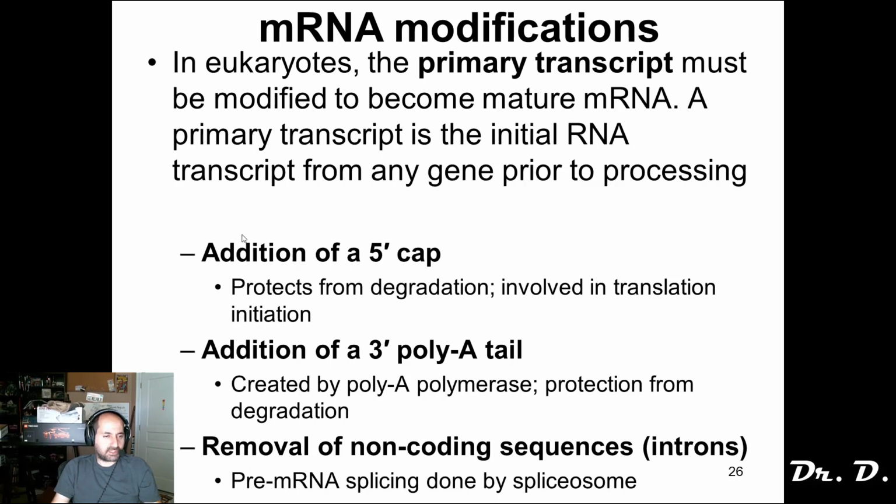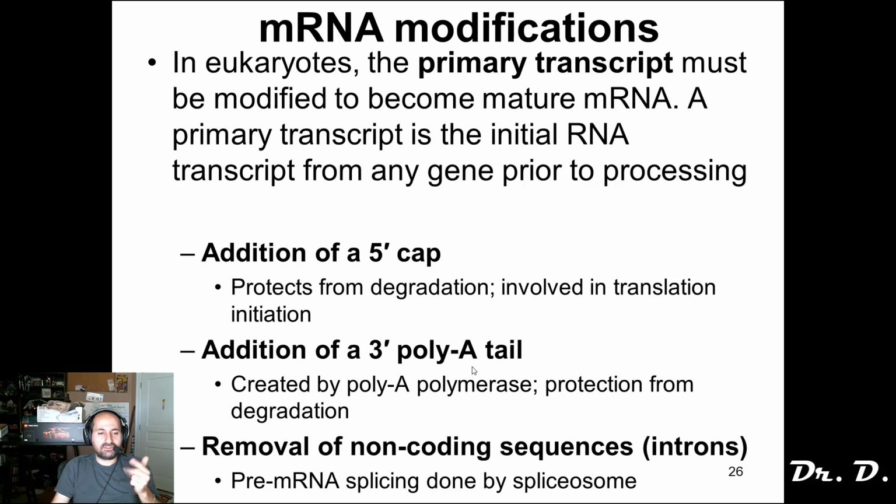First, eukaryotes need to add a 5' cap to the 5' end of the pre-mRNA. Why? Because this will protect it from degradation. It is also involved in initiating translation. Then the 3' end of the mRNA needs a poly A tail, so a bunch of adenines need to be linked on in a row, a bunch of A's.